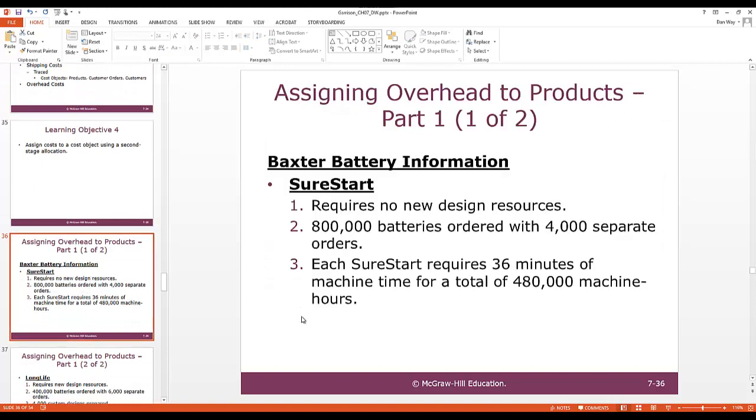So assigning overhead to products then, let's assume Baxter again was making these two different batteries, the Sure Start and the Long Life. The Sure Start doesn't need any new design resources. 800,000 batteries have been ordered with 4,000 separate orders, and each Sure Start takes 36 minutes of machine time for a total of 480,000 machine hours.